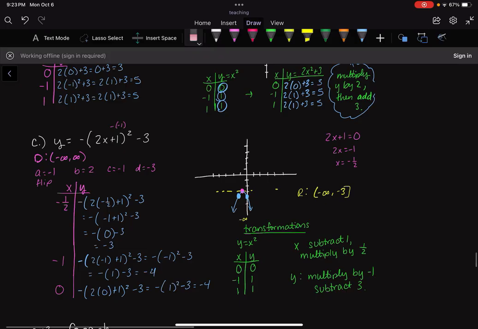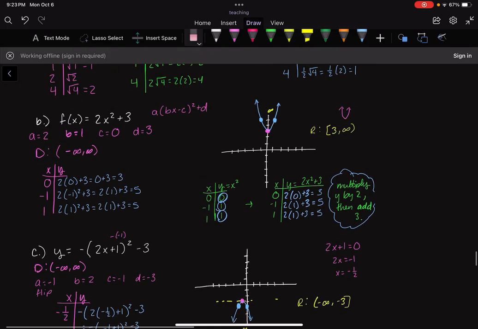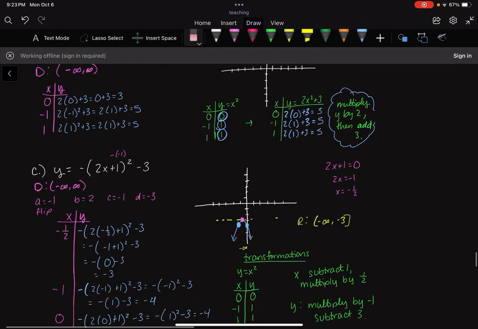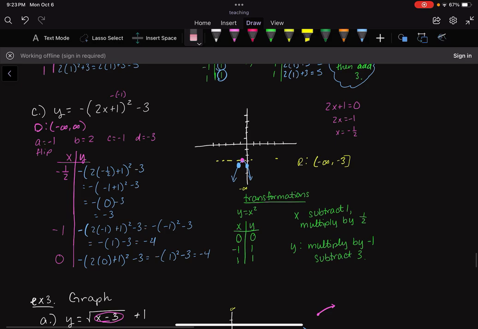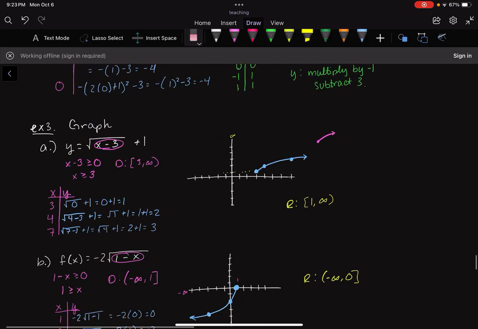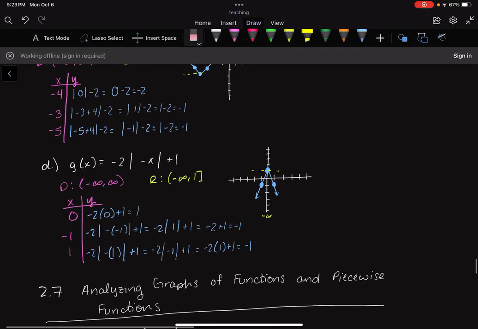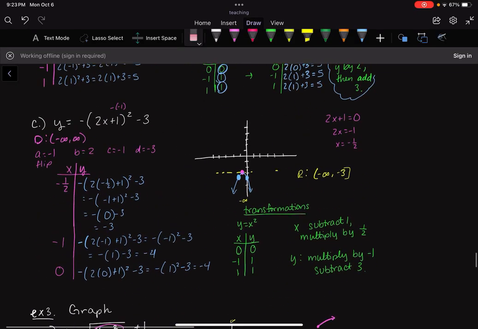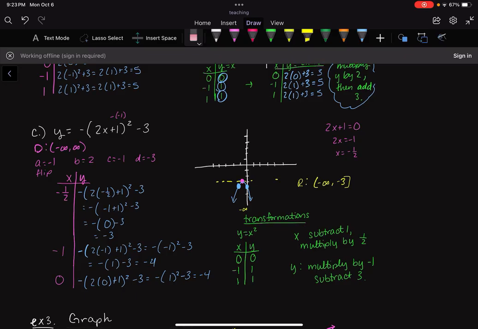So like part C, that was vertex form. If you look at part B, that was vertex form. And something cool about vertex form is the vertex is very easily visible. So for instance, this old example we did is part C from an example in 2.6, Example 2, part C.